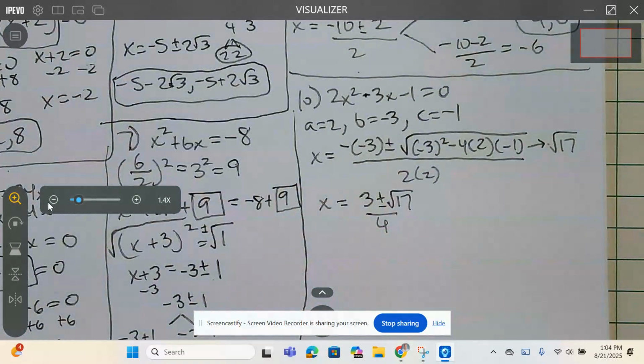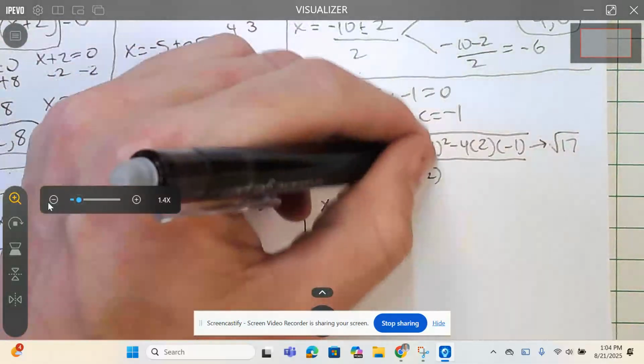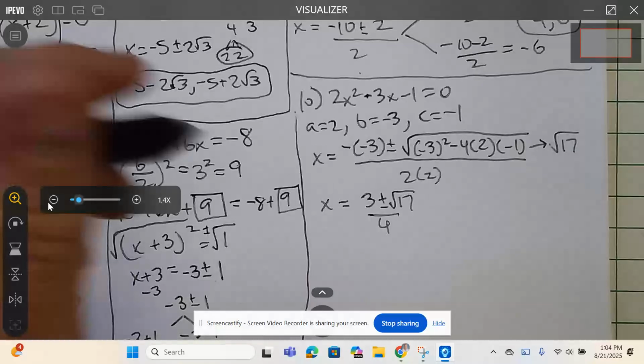So this one's not going to be a rational one. So you're just going to leave that. I typed what was inside the square root and just leave it alone. That's called the discriminant.